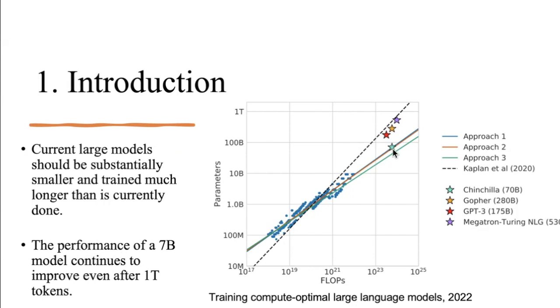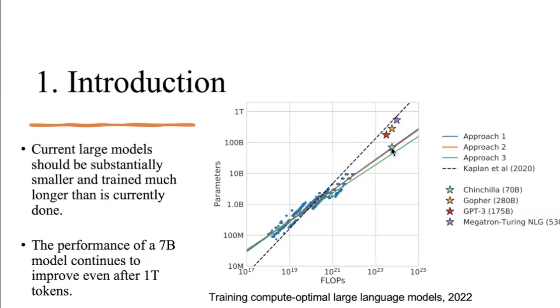So that's how LLaMA is trained. The conclusion is that current large models should actually be substantially smaller, so it's not always the bigger the better. And current large models, for example GPT-3, should be trained much longer than is currently done.